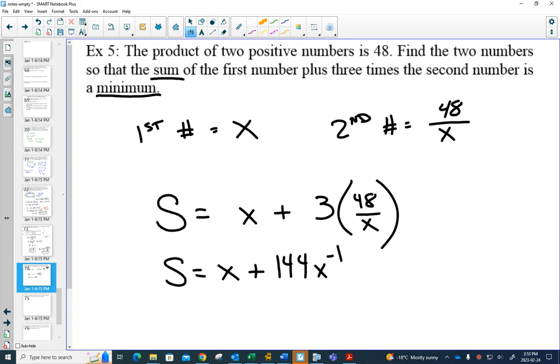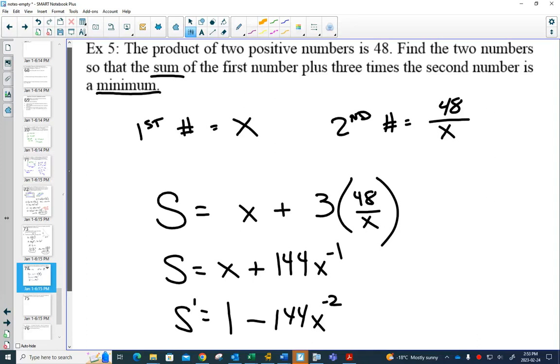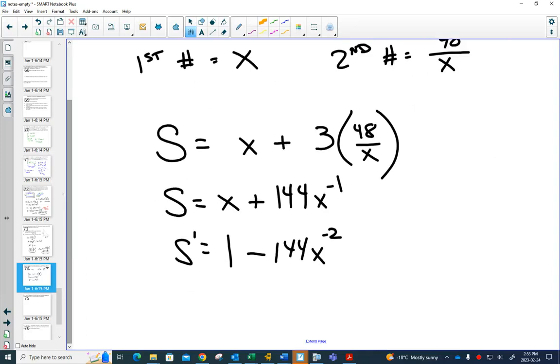And I'll change the dividing by x to an x to the minus 1, so I can use easy derivative rules. My derivative then would be 1 minus 144 x to the negative 2. I can set that equal to 0.